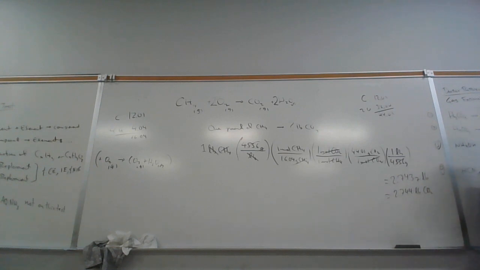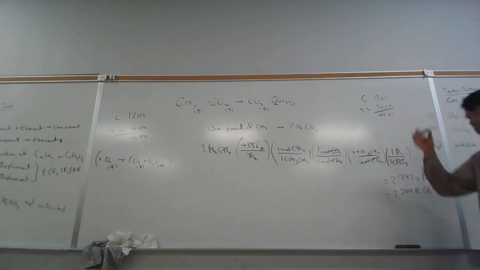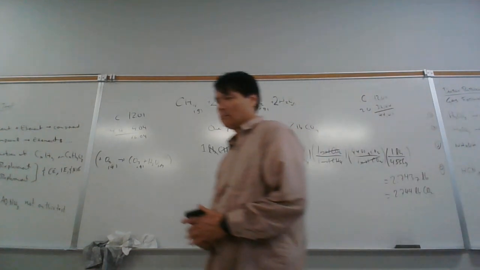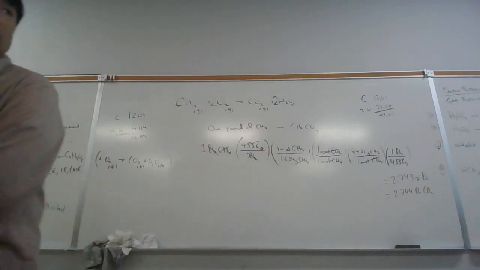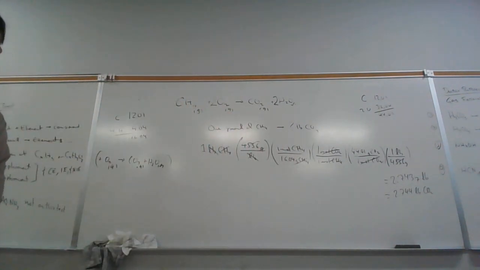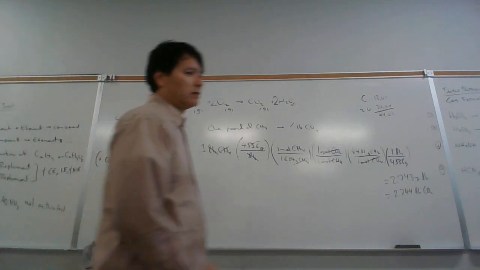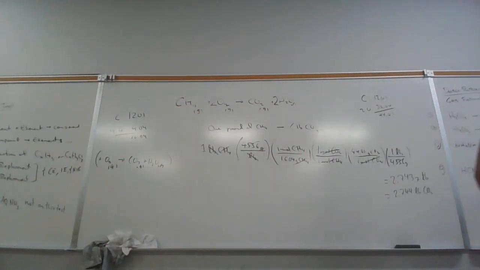So for every pound of methane you combust, you're going to form 2.7 pounds of CO2. So this is stoichiometry. This is a standard stoichiometry type problem, mass to mass conversion by going through moles.